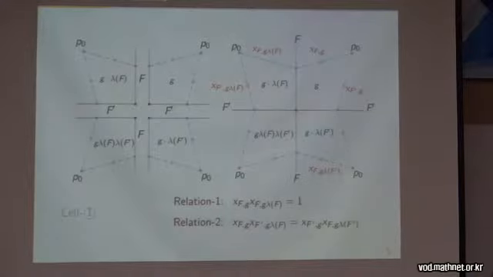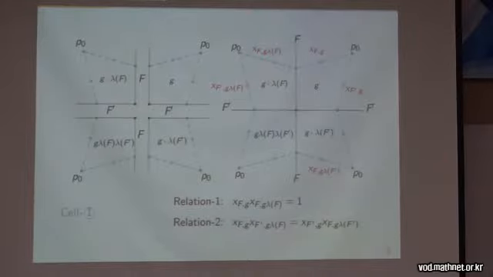The first is from P0 to FG, and through this back to P0. This is denoted as XFG, and another, in the opposite direction, is taken as XFG lambda F.